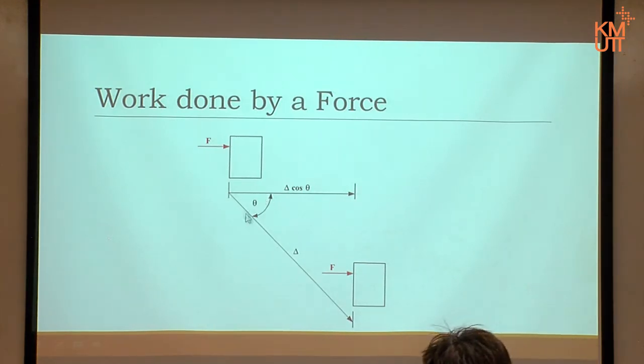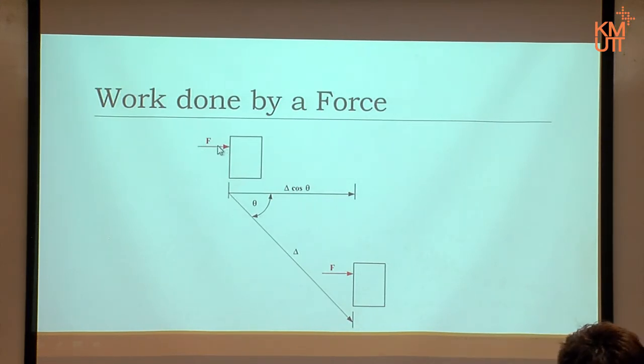That angle theta is between the displacement vector and the force. So that side will be delta cosine theta, and downwards here, delta sine theta. What is the work done? F times delta, or F times delta cosine theta, or is it F times delta sine theta? Which one?